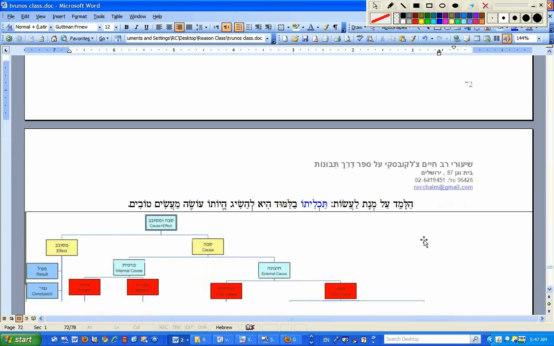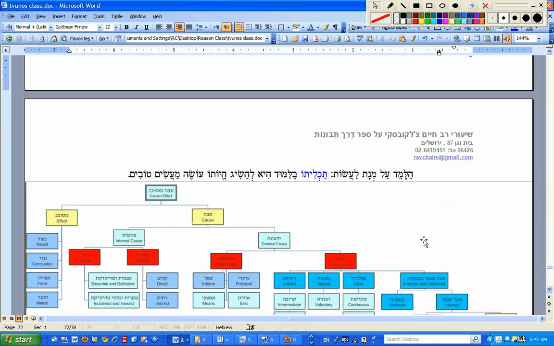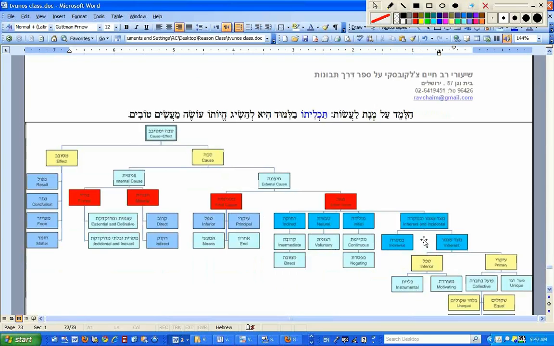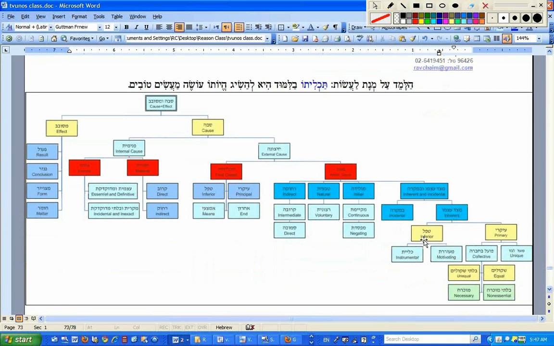Now I mentioned, and I'll just show you briefly, this topic of siba is going to be amplified in Sefer Gaon of the Ramchal, where he breaks down, as you see in this chart, siba into many more fine gradations.